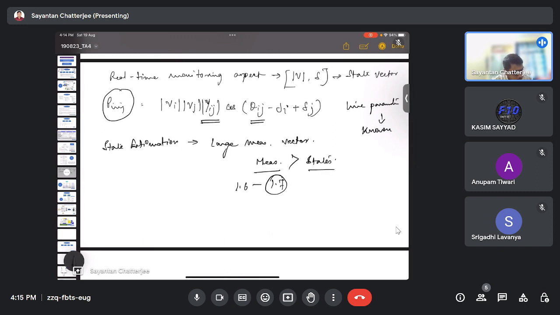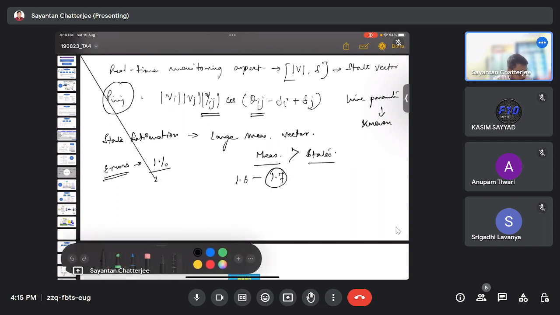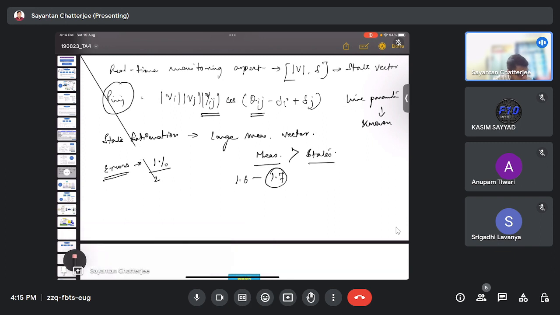And the RTUs also have metering errors in them. These metering errors are considered to be approximately 1% for power injections and voltage magnitude, and for the power flows also around 2% or so. But the advantage given by the PMUs is that they can directly give the phase magnitude and the phase angles, which are the base operating states.